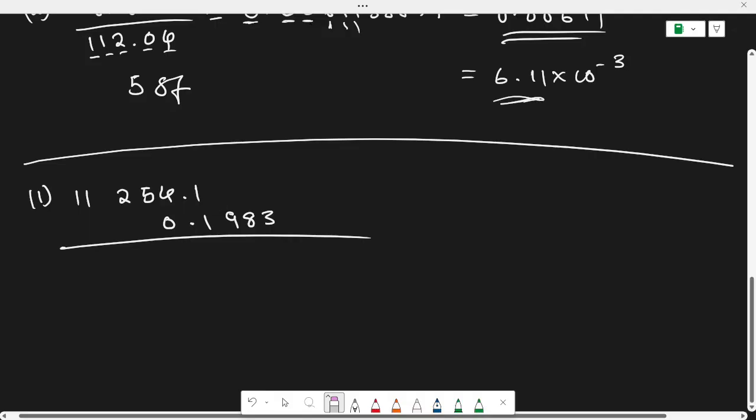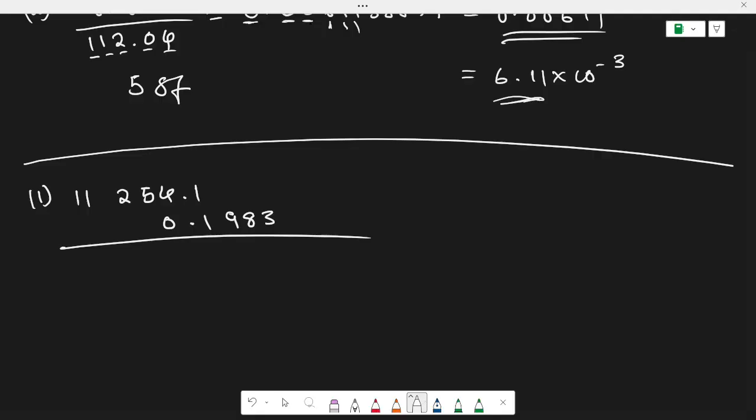So let me just write it like that. For addition and subtraction, we said that we consider decimal places. This one has 1 decimal place. This one has 1, 2, 3, 4 decimal places.